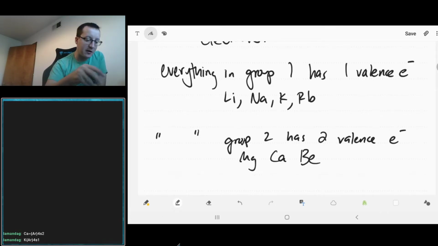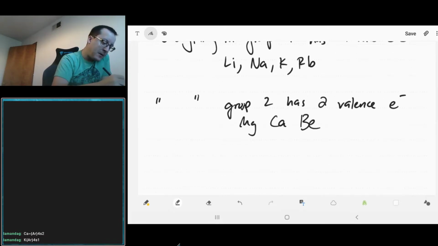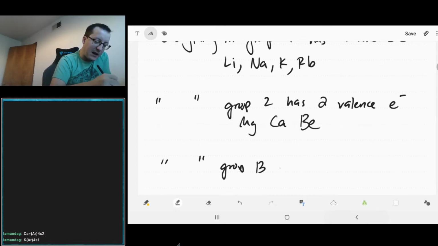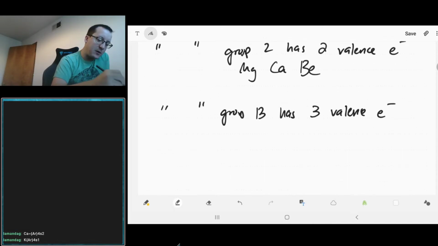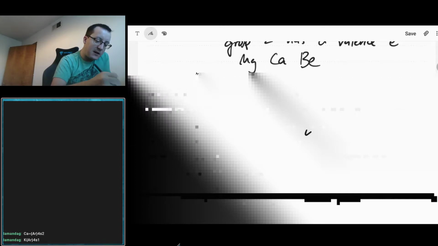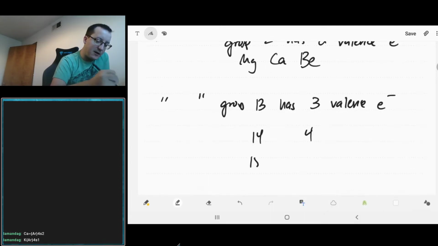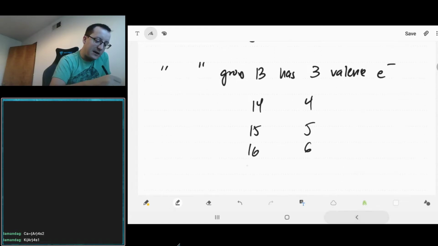And again, we saw that with our calcium earlier. Now, interestingly, when we go up to group 13, that's when we have 3 valence electrons. And guess what? If we go to 14, that's 4 valence electrons, 15 has 5, 16 has 6, 17 has 7, and 18 has 8.